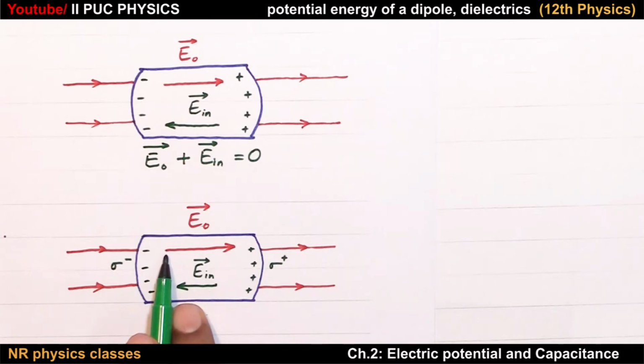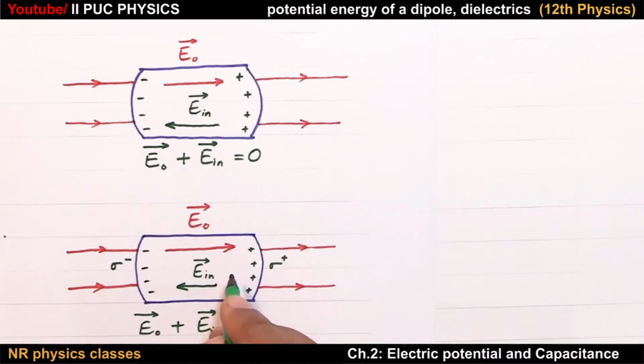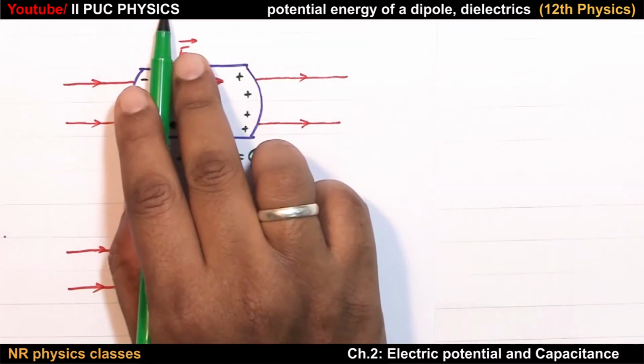Observe the length. The magnitude of the applied electric field is more, the magnitude of the induced electric field is less. So the resultant of E outside plus E inside is not equal to 0, which means some electric field is found inside the material. That is true only in the case of dielectrics.